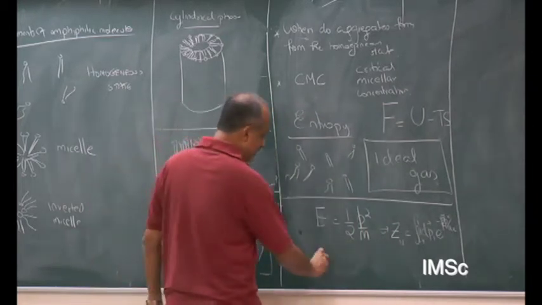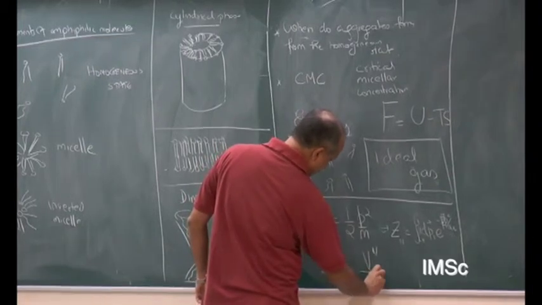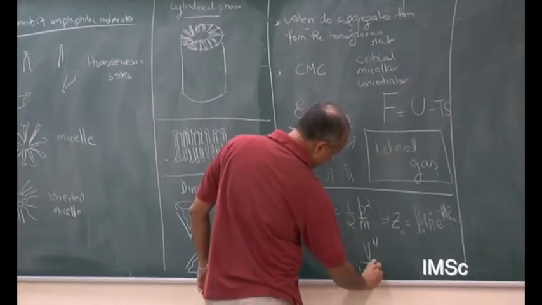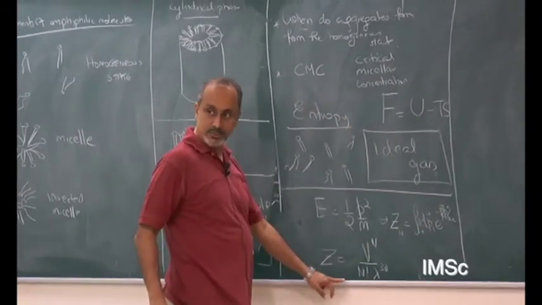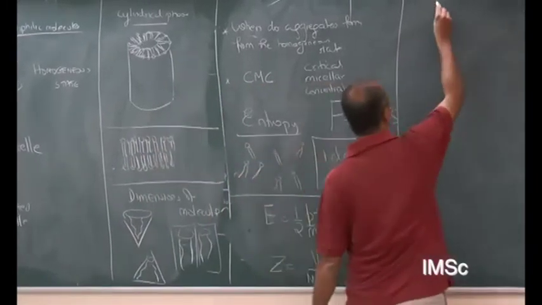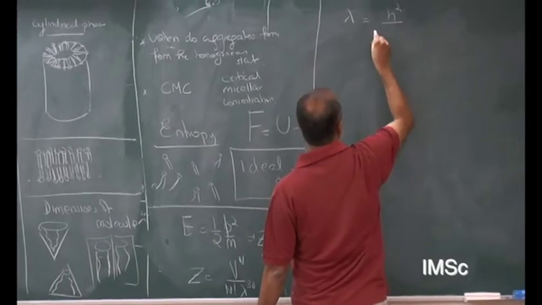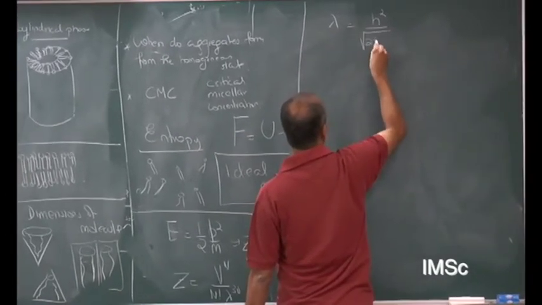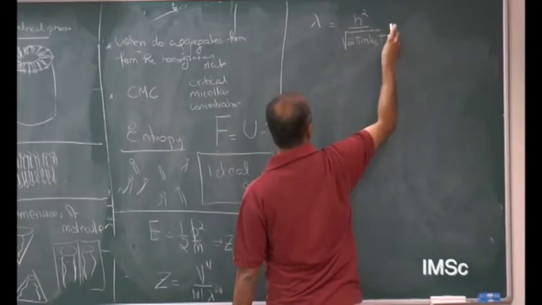Remember that we wrote the answer for Z as V to the power N divided by N factorial lambda to the power 3N. This is the form that we finally wrote it in. And the expression for lambda is h over square root of 2 pi m kB T.